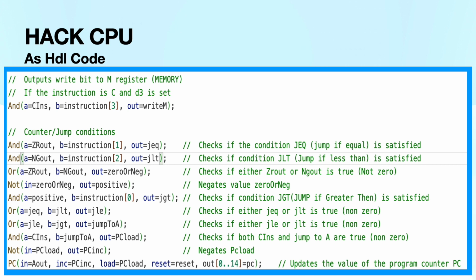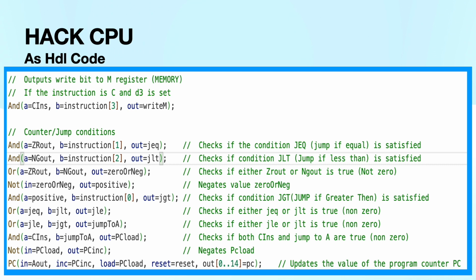The first bit checks if the condition jump if equal is satisfied, and then it checks if the condition jump if less than is satisfied, and then it checks if either the ZR out or NG out is true, which is non-zero. Then it negates the value of zero or negative, which means it does the opposite of it.